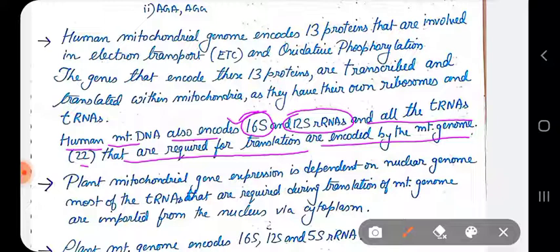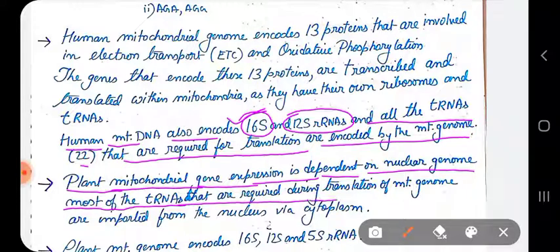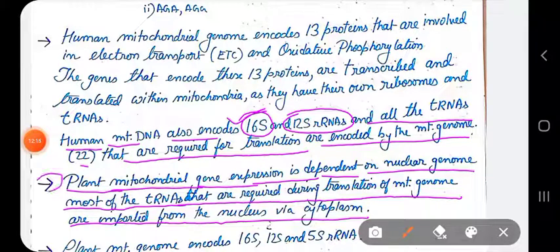Now, plant mitochondrial gene expression is dependent on the nuclear genome. Most of the tRNA that are required during translation of the mitochondrial genome are imported from the nucleus through the cytoplasm. In the case of plants, it's a bit different.